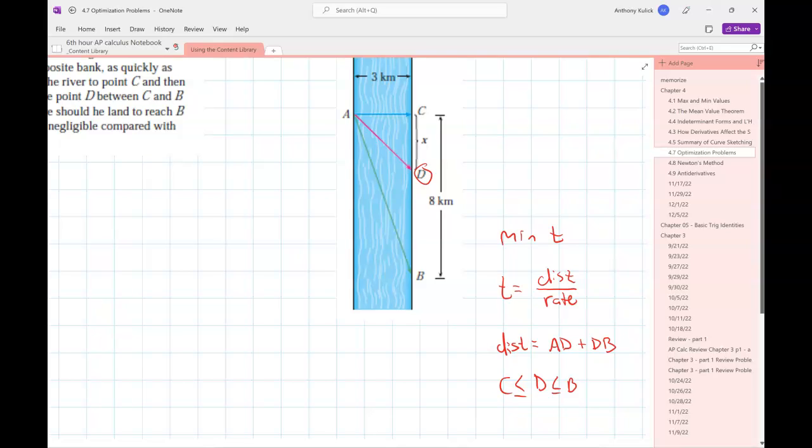Everybody's okay with that? So you're just including the possible other scenarios in that. And then anything in between, where you row to some other intermediate spot and then do some running. Okay.